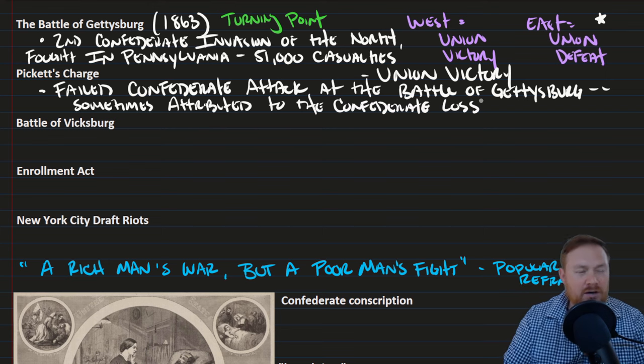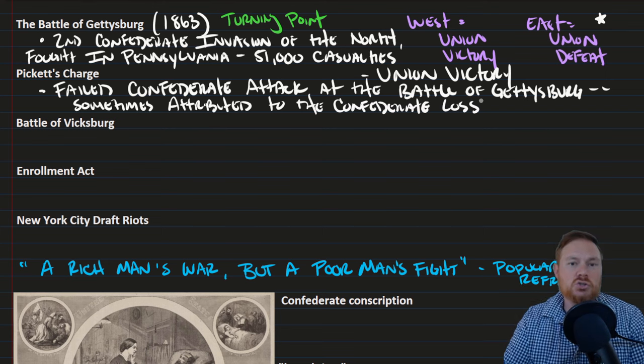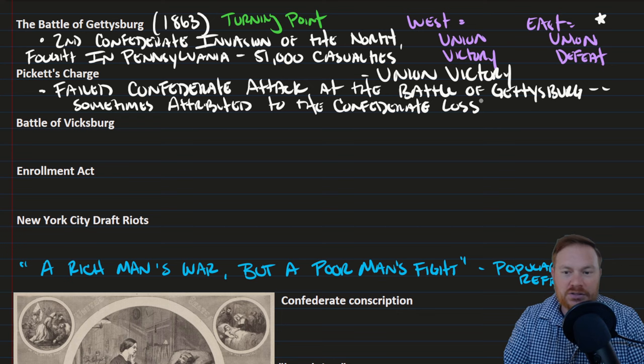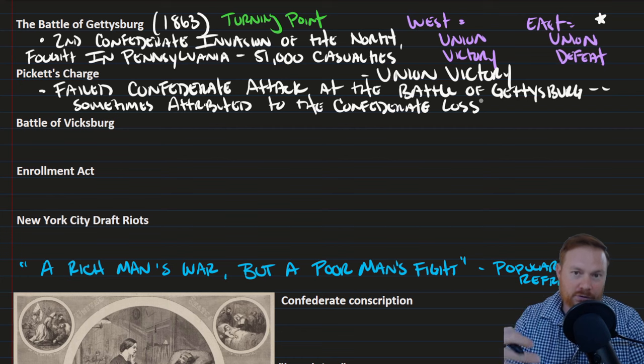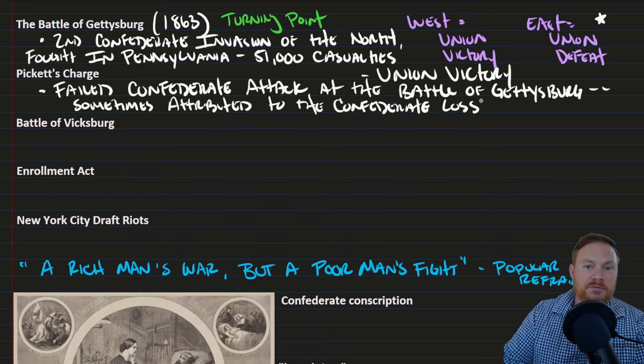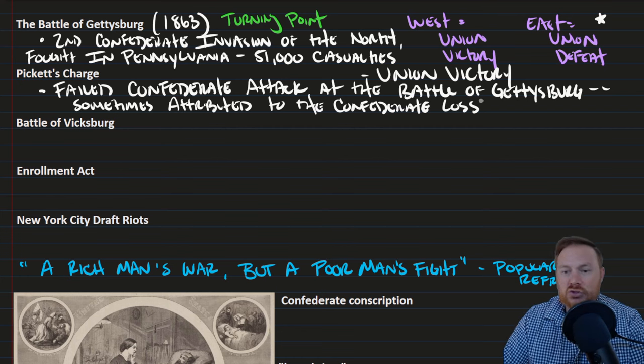Not just the loss of the battle. Some people might even go so far as to say Pickett's charge caused the Confederacy to lose the entire war. So this was an attack that was ordered from the South to the North across an open field. And Pickett's charge was a slaughter for the Confederacy. And from that position, the Confederacy was turned back and forced to retreat.